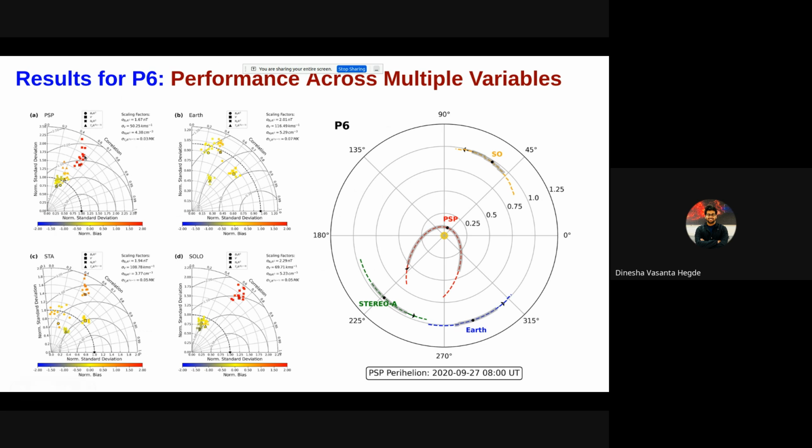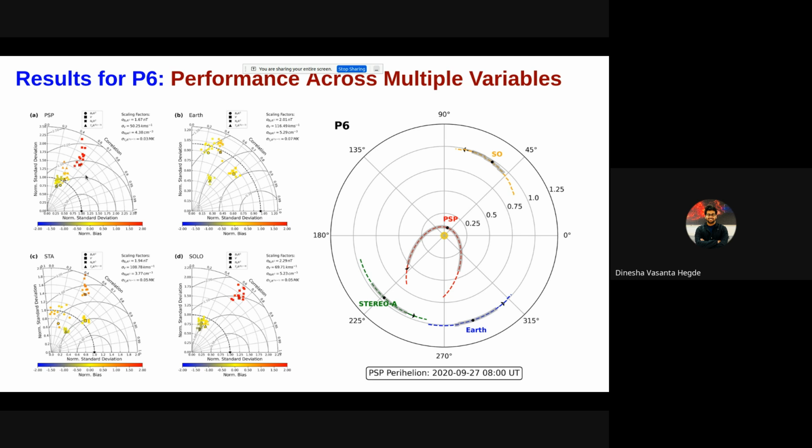That shows that PSP was observing a very highly variable speed, which is not the same as the simulated variations. The other three variables are capturing the variations, but they are not capturing the correlation coefficient accurately. And the RMSE was smaller for the other variables, but for velocity it is not the case.